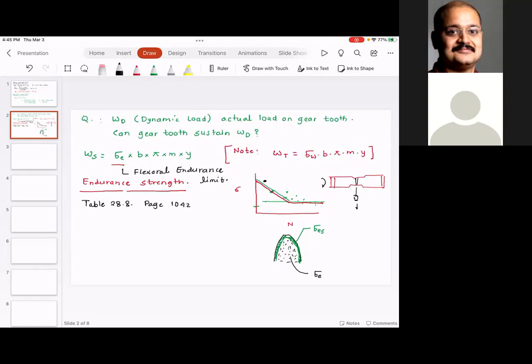Now, here there are some guidelines for safety. For safety, WS has to be greater than or equal to 1.25 WD for steady load.